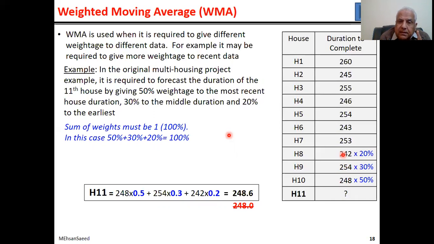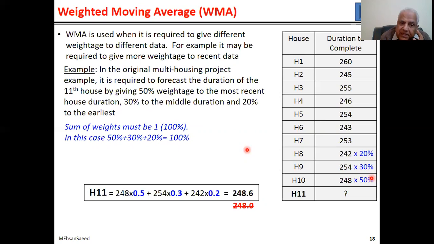When you do that, all you have to do is multiply this by 20%, this by 30%, this by 50%, making sure that the sum of the weights remains 100%, no less, no more, exactly 100%.